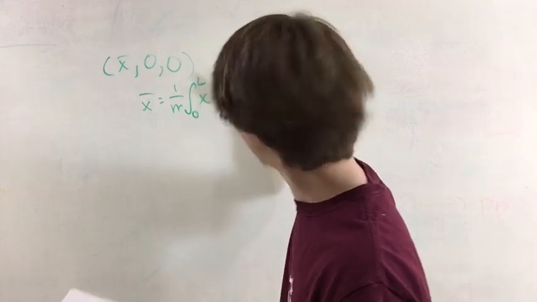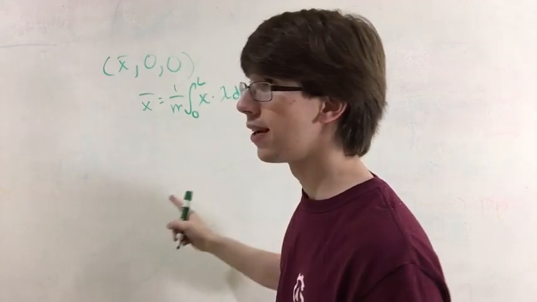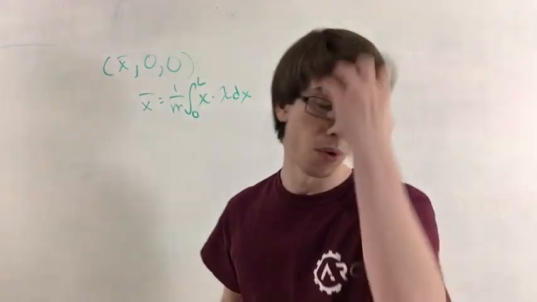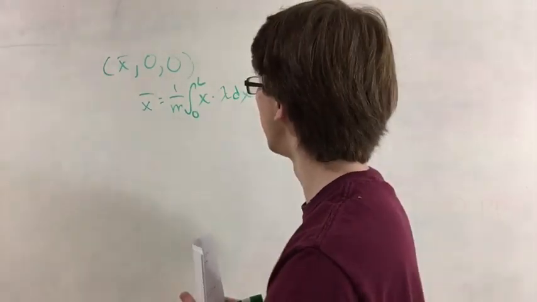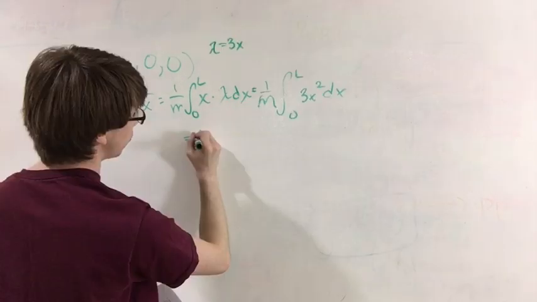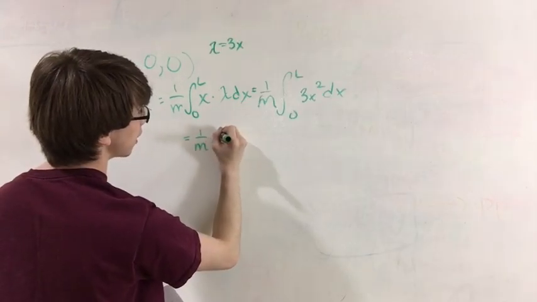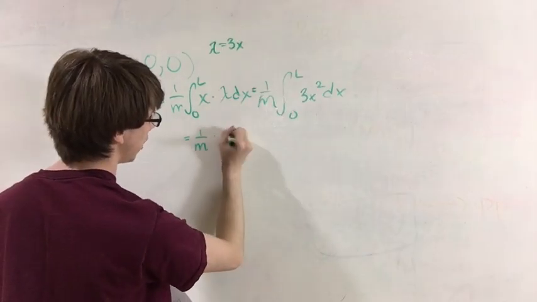And then dv is going to be dx because we only have one dimension.